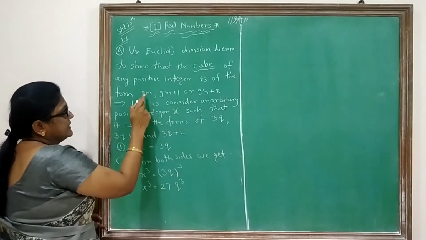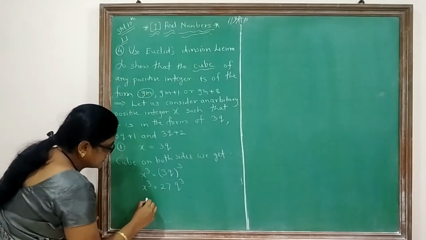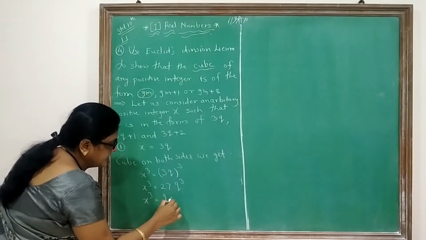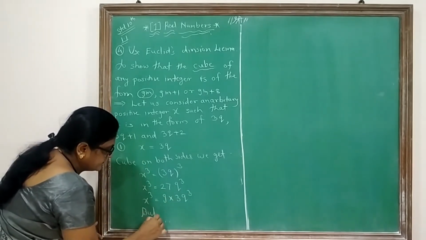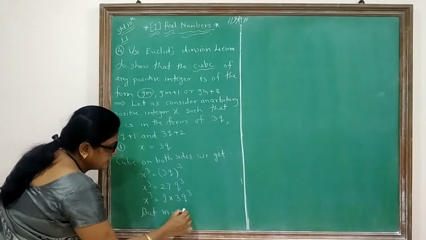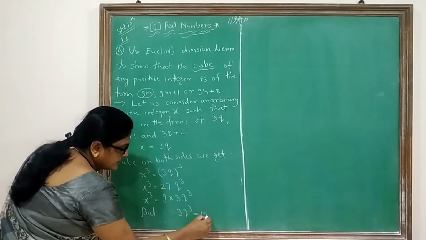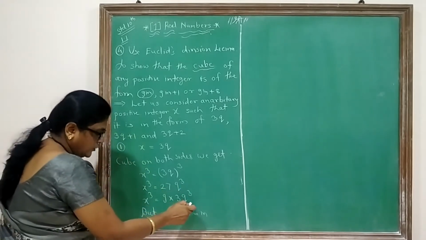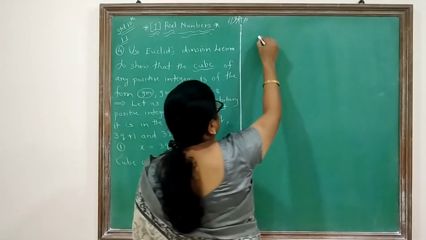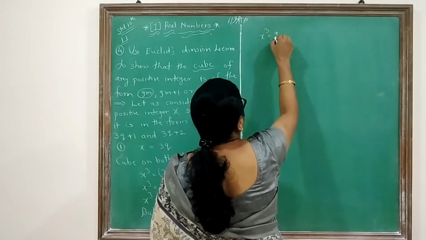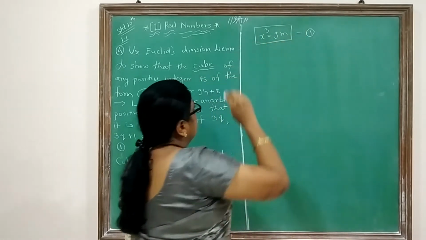But here 9m is present, so you will split it as 9 into 3q cube. Put 3q cube equal to m, then you will get 9m, that is x cube equal to 9m. This is your first condition.